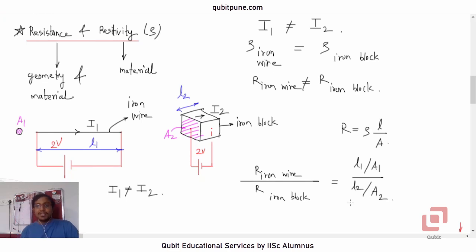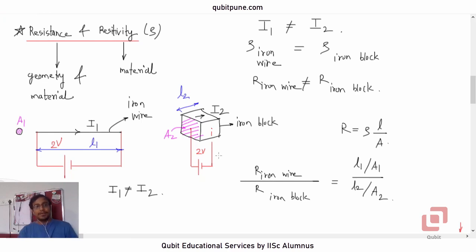If I know the actual numbers, I can figure out which one of them will have larger resistance. Can you tell me, will it be the iron block or the wire with greater resistance? It's the wire because its area is extremely small compared to the block.